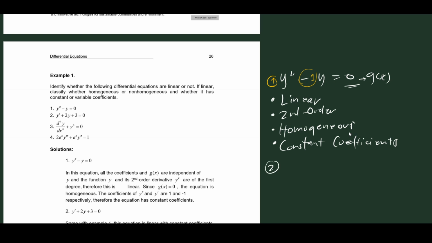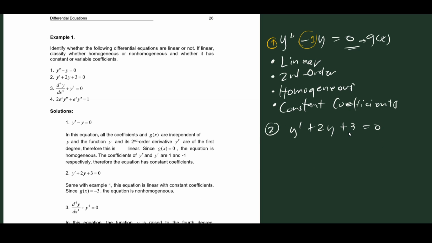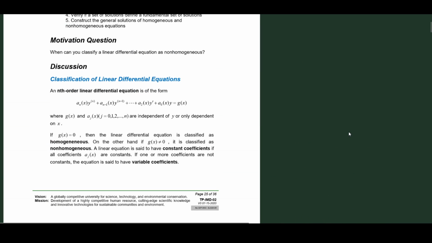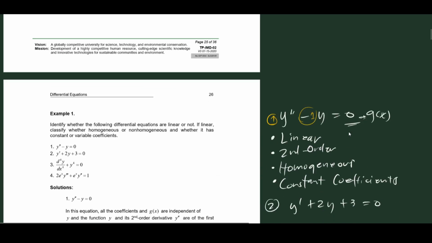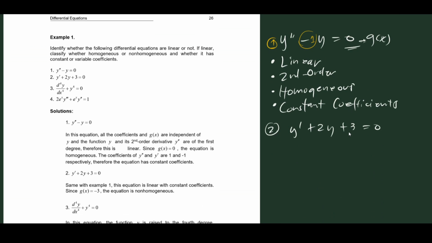For number 2, we have y prime plus 2y plus 3 is equal to 0. If we take a look at this carefully, this is actually not in the standard form. In our standard form, the function y has the coefficient a0 of x, and the first derivative has the coefficient a1 of x. In our given equation, y prime already has the coefficient of 1, and y already has the coefficient of positive 2.